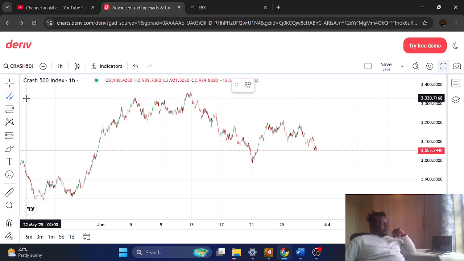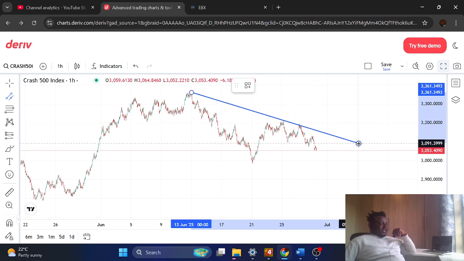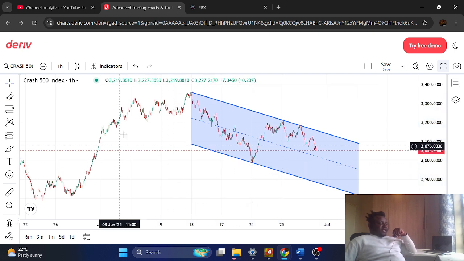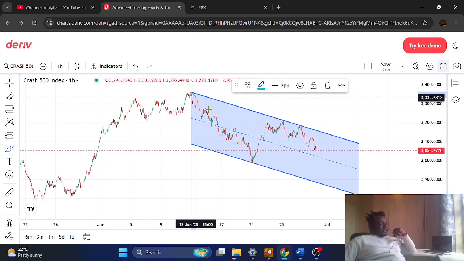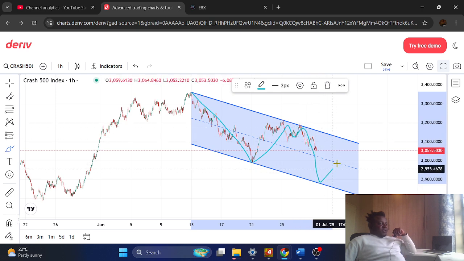The next thing we'll do is place our parallel lines again. We touch the first high, we touch the second high, and in this case the second highs are matching to make another high. So what I'm expecting now is for the market to do this movement, touch here, go up, touch here, then maybe go up and continue going down.